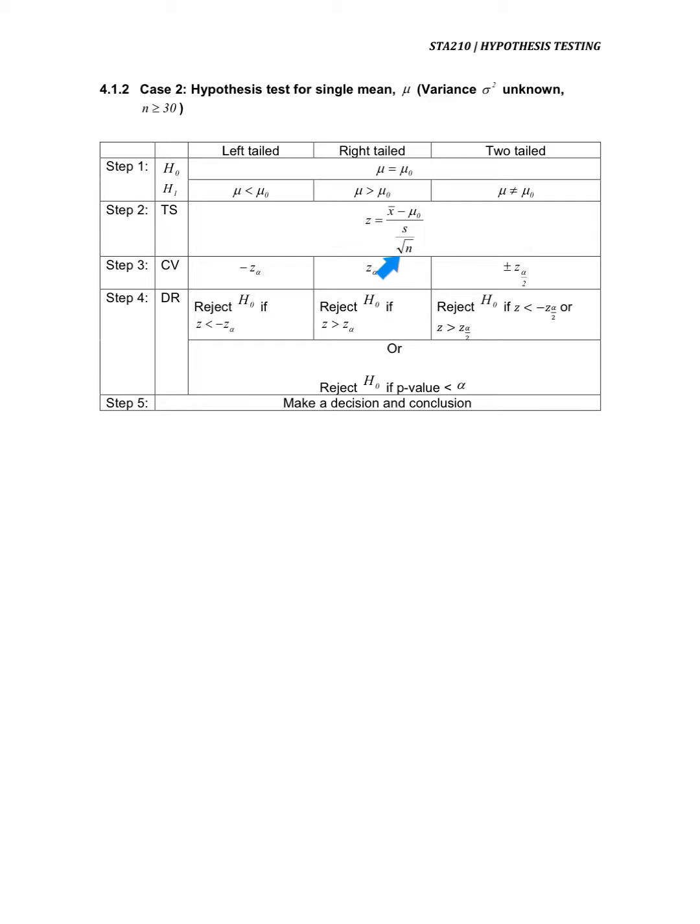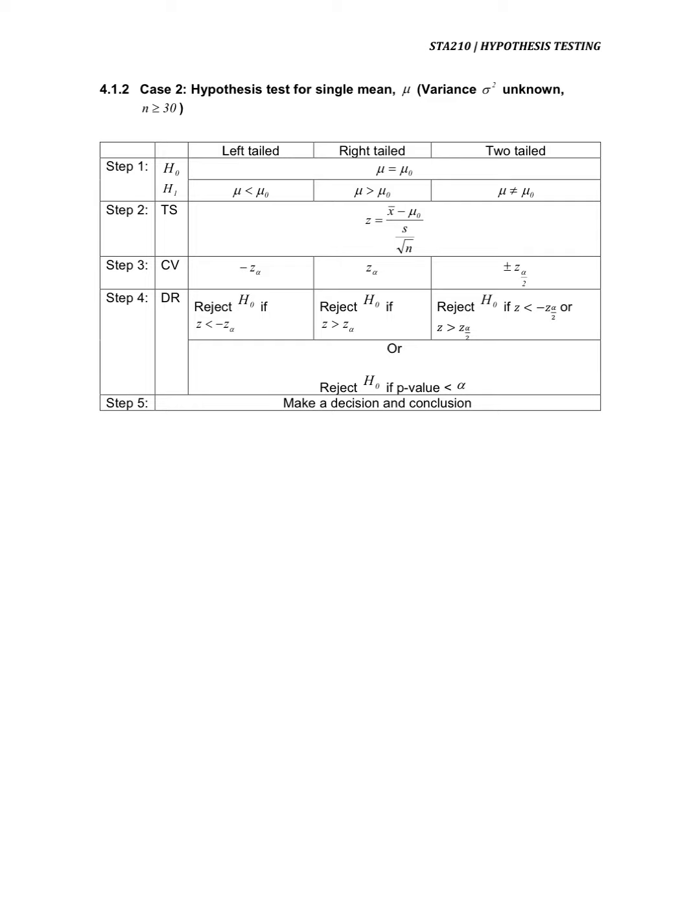In case number 1, we know the population variance or population standard deviation, so the symbol here is sigma. But for case number 2, we do not know the population variance or population standard deviation. That's why the notation used here is S. So that's the difference between case number 1 and case number 2.